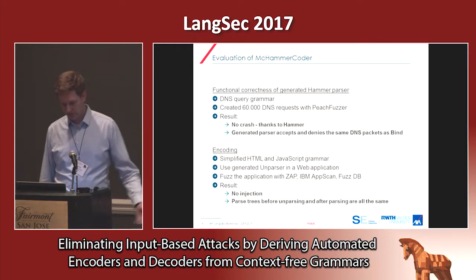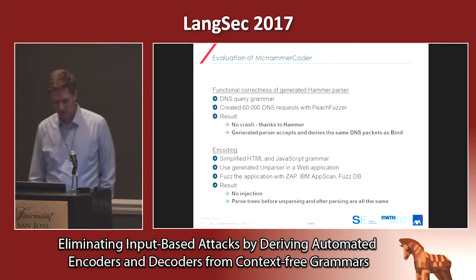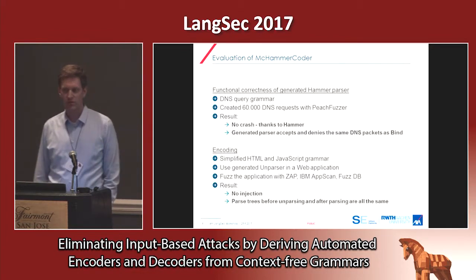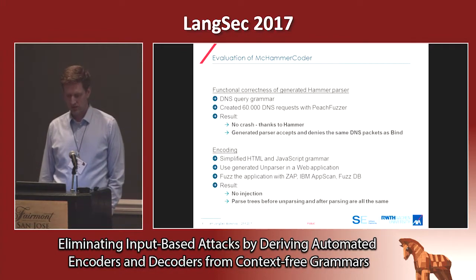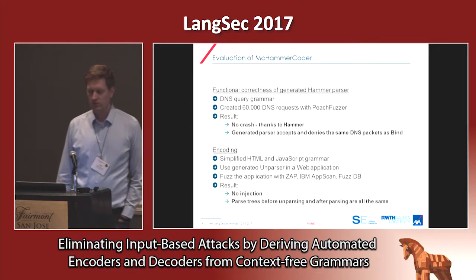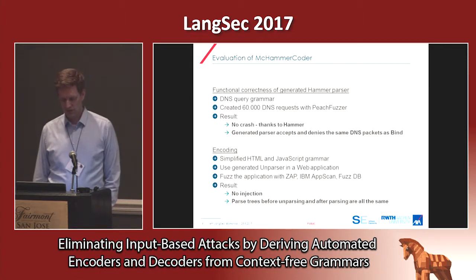And then we do what all those web guys do when it comes to encoding, to have a look at whether this is correctly encoded. We use those specialized fuzzers for web languages. We have an HTML language with JavaScript and tried to fuzz this one with ZAP, IBM AppScan, and FuzzDB.